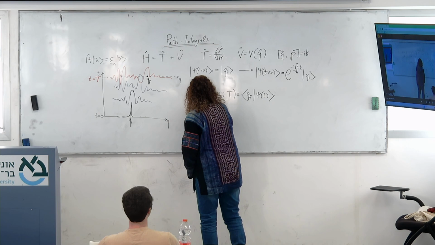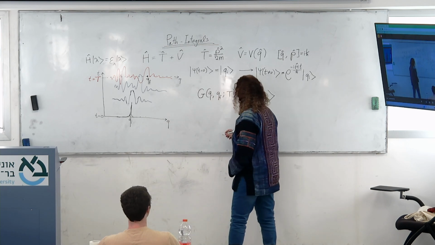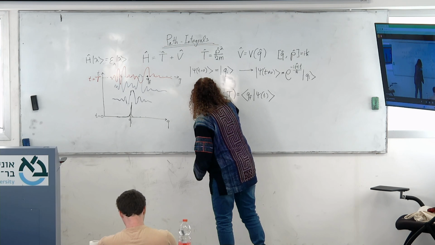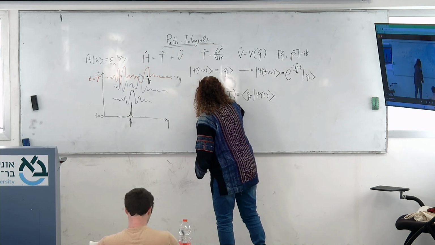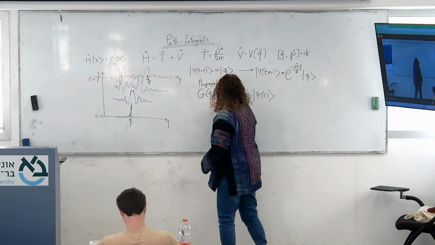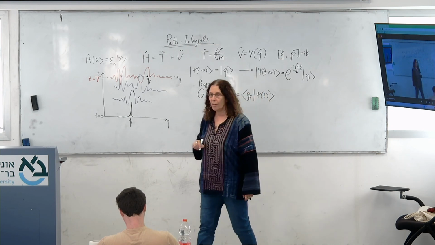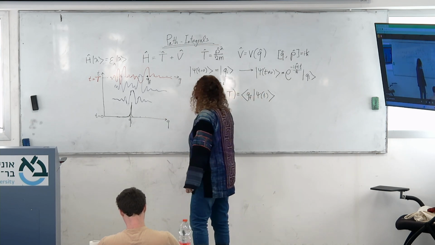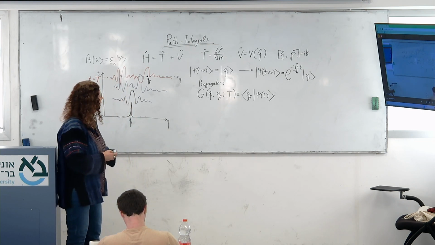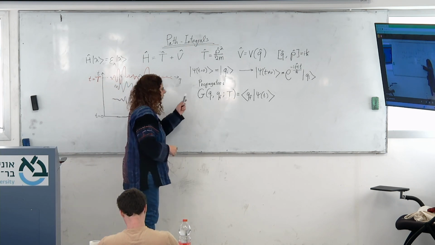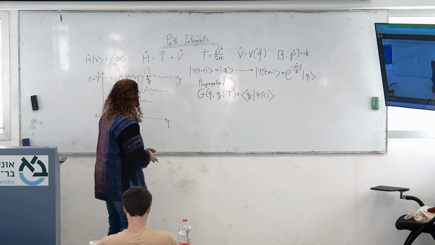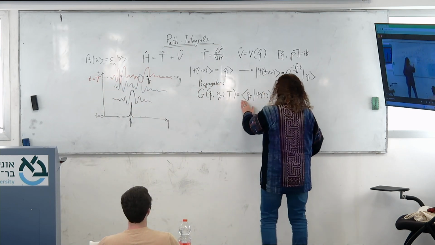And this object, this g, is called a propagator. Or a Green's function. That's why it's denoted by G, although in some books it's denoted by K, but we'll adapt G, okay? So this is, if you like, a definition.